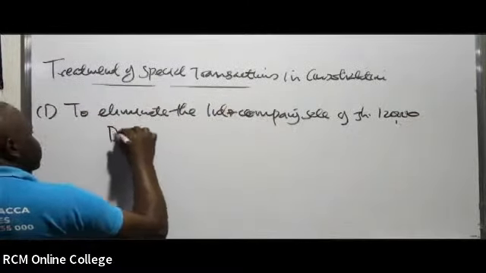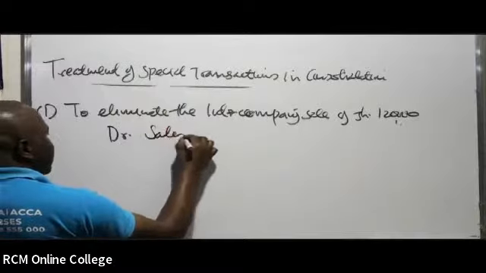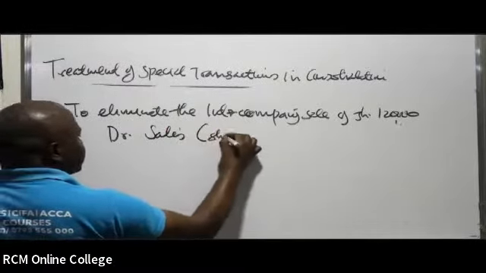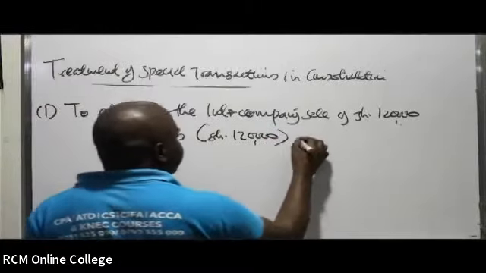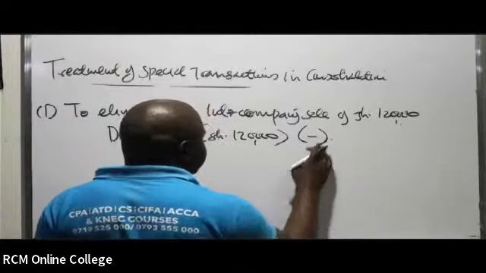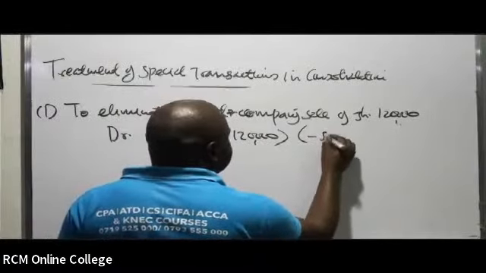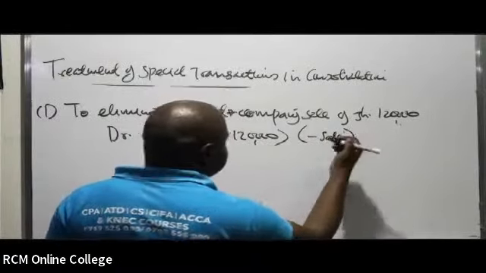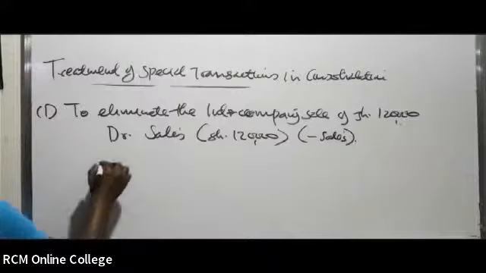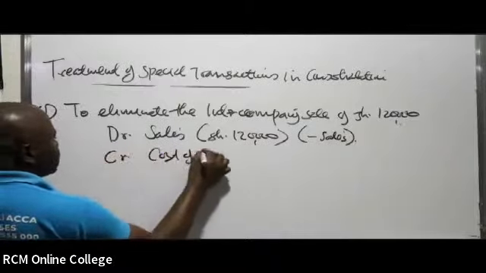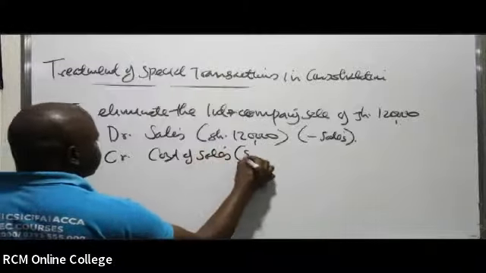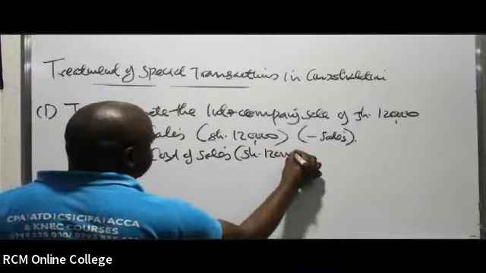You debit the sales account, in this case, shillings 120,000. You are deducting from the sales. Then you credit the cost of sales, still shillings 120,000.